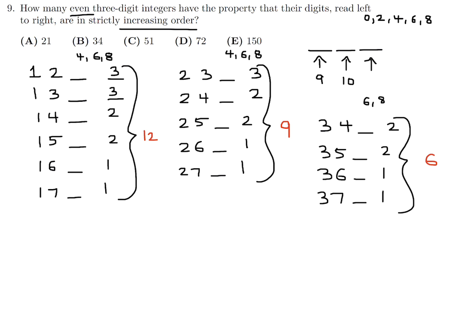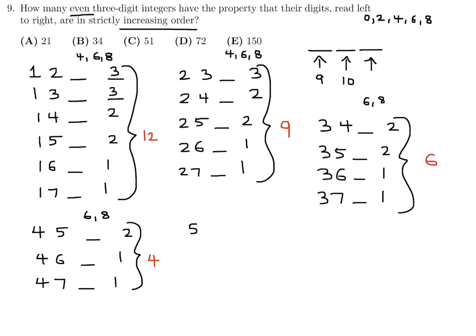And then next one would be 4, correct? 4, 5, I can put a 6 or an 8 for the third digit, so that's 2. 4, 6, I can only put an 8, so that's 1 choice. And then 4, 7 gives me 1. So this gives me, for number 4, 4. We only got a couple more.